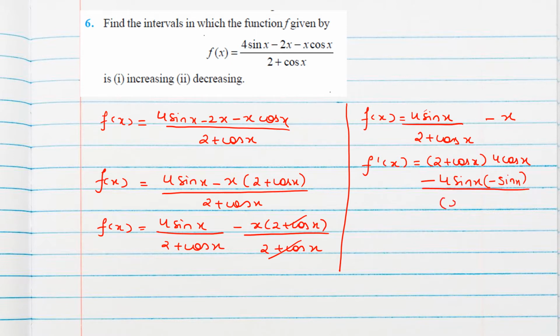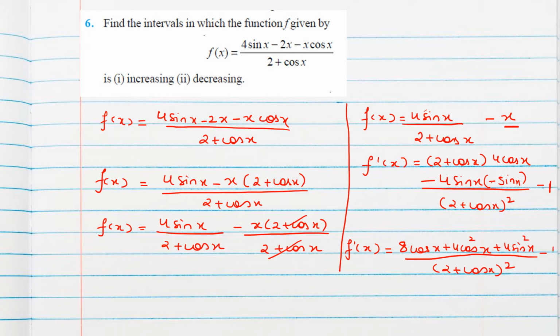Divide by denominator square, and then minus derivative of x, which is 1. So f dash of x is 4 cos x into 2 will be 8 cos x plus 4 cos square x, here minus minus plus 4 sine square x, divided by (2 + cos x) whole square, and minus 1.